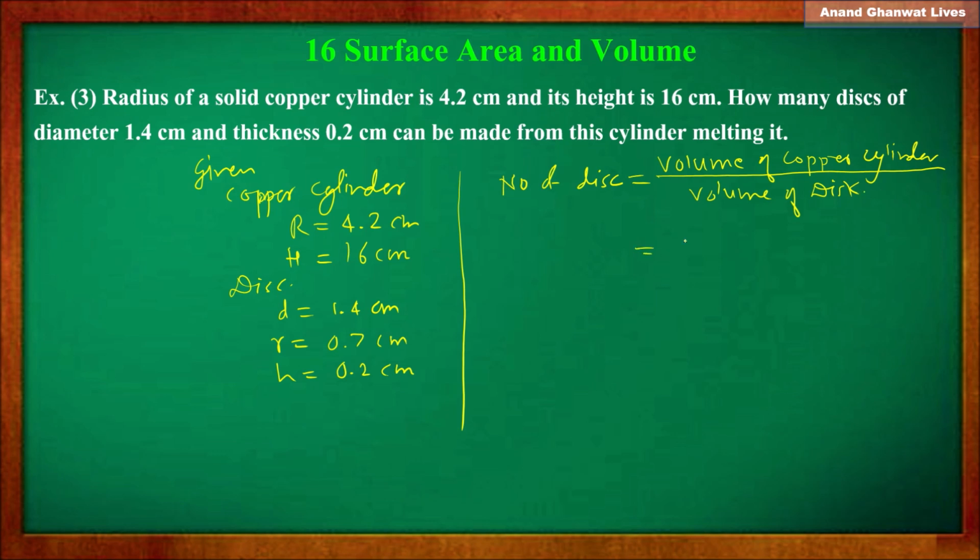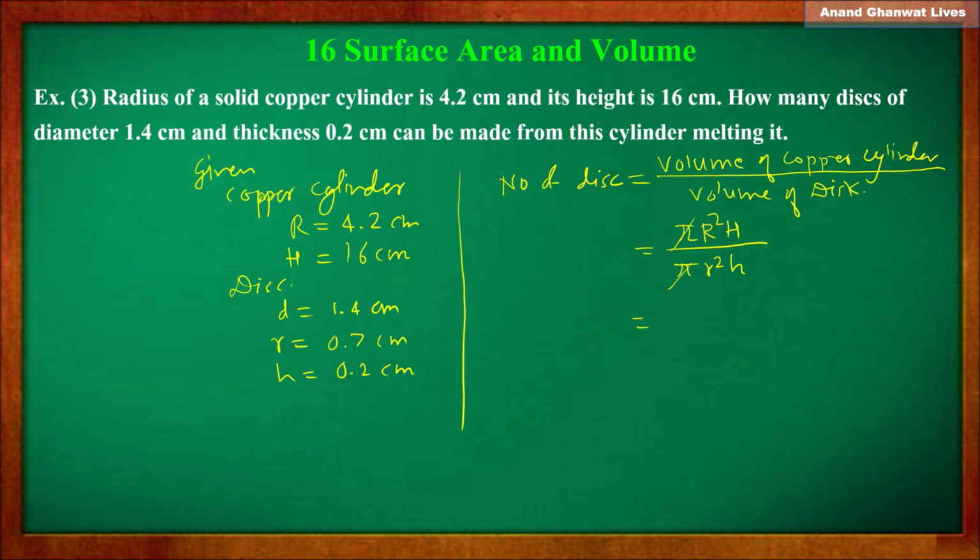And the volume of copper cylinder formula is pi r square h. Volume of disc formula is pi small r square and small h. Now pi is constant here, so divide pi with pi. So r square h upon r square h.